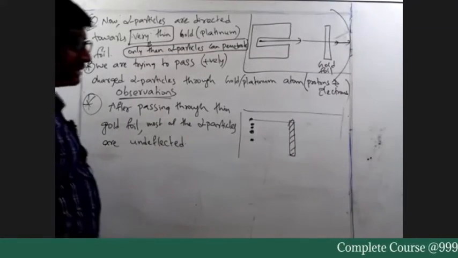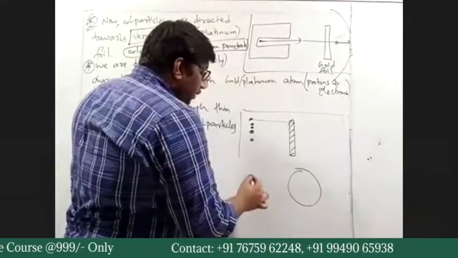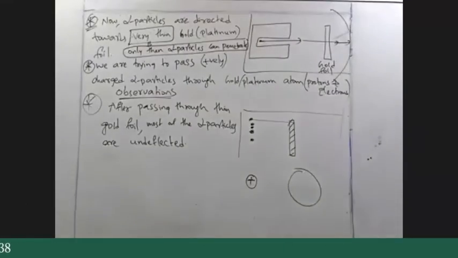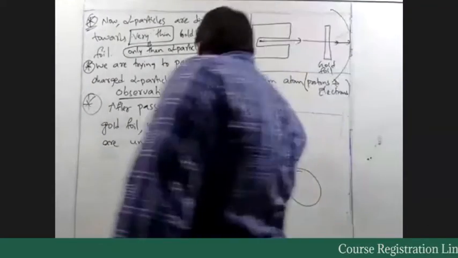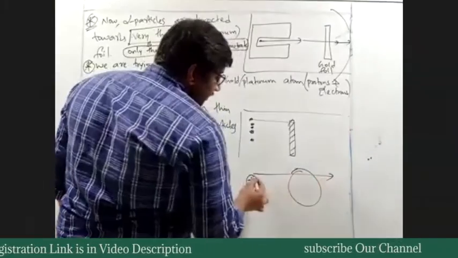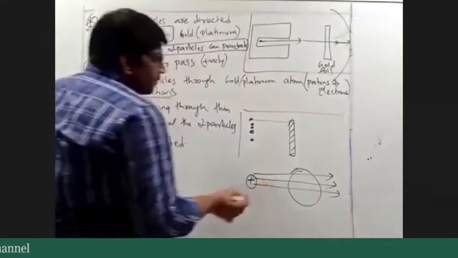What do you mean by that? We have an atom, we are incidenting positively charged alpha particles, and many alpha particles pass through this atom without deflection. Many.